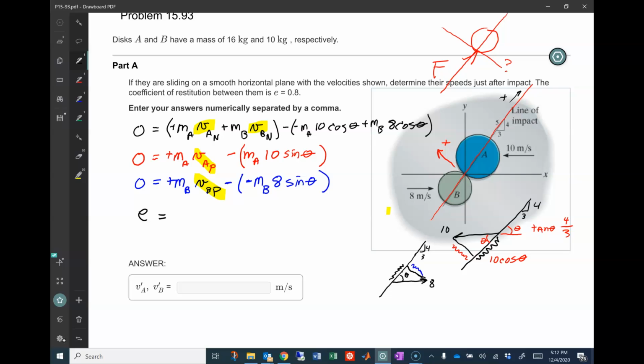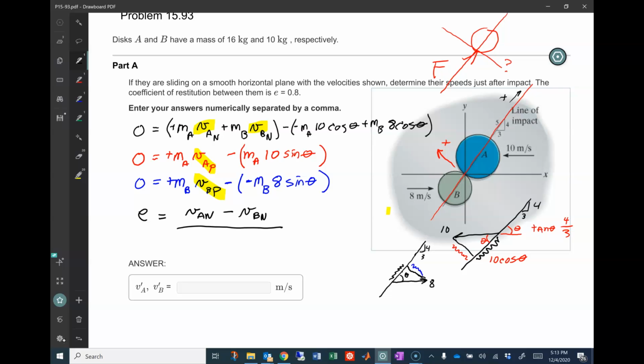Afterwards I've got the velocity of A in the normal. Which way do I think he's going? I thought he was going in the positive. Minus the velocity of B in the normal after the collision, divided by, and now I reverse them, B minus A on the bottom, in the normal, before the collision.